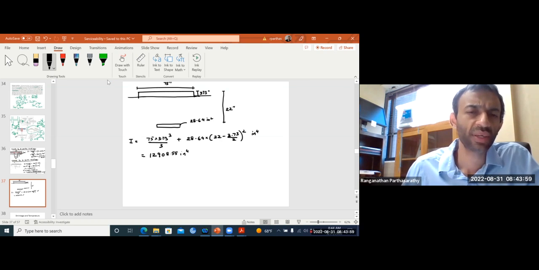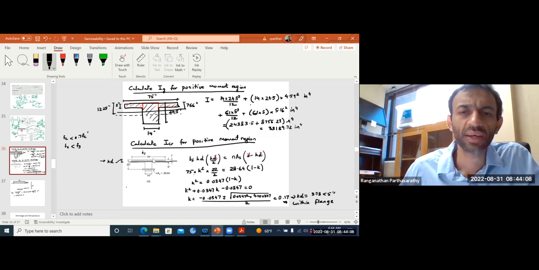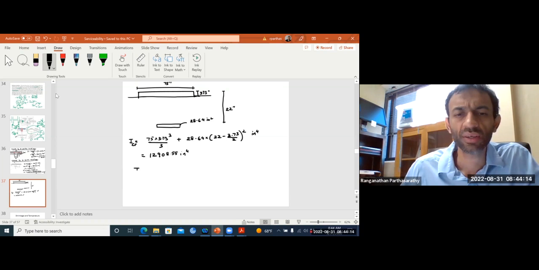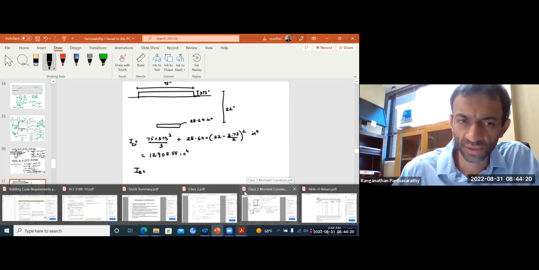Okay, so now we have for our positive moment region, this is our cracked moment of inertia, and this is our gross moment of inertia. So what is our effective moment of inertia? So Ie, we will go as per the code, 2019.